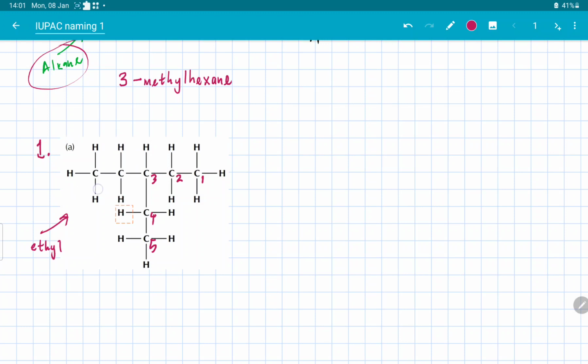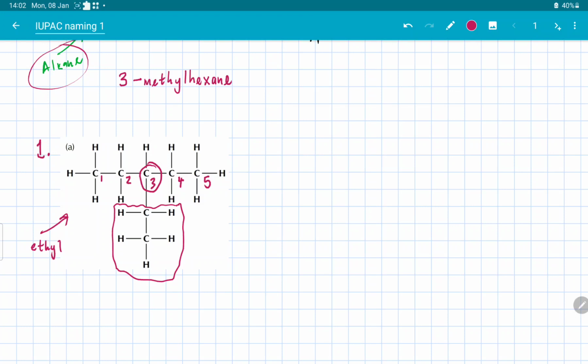And then again, if I count 1, 2, 3, 4, 5, still ethyl. And notice ethyl is always attached to carbon 3. It's just special for the molecule, by the way. It's about complicated and I'm going to show you. Anyhow, basically we have an ethyl attached to carbon 3.